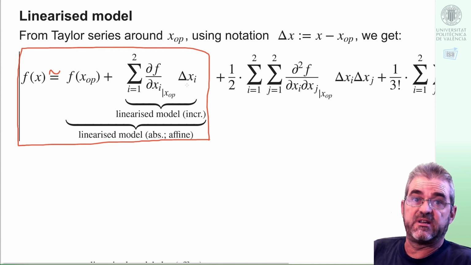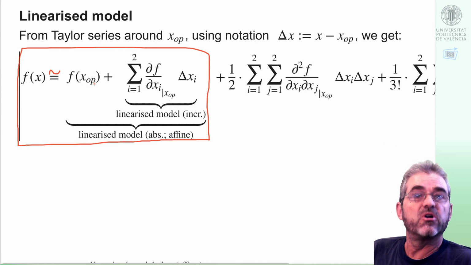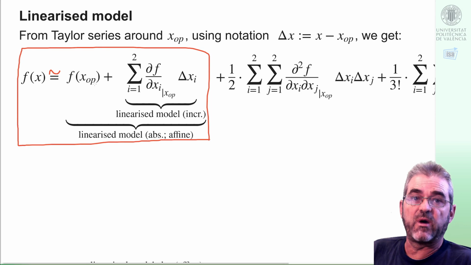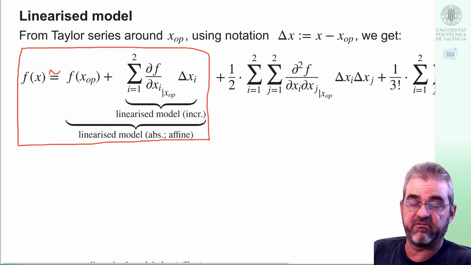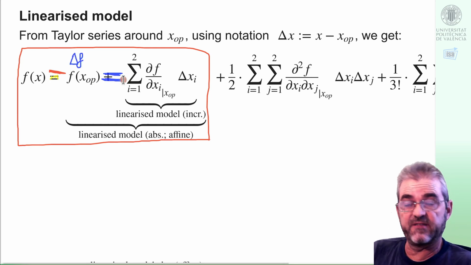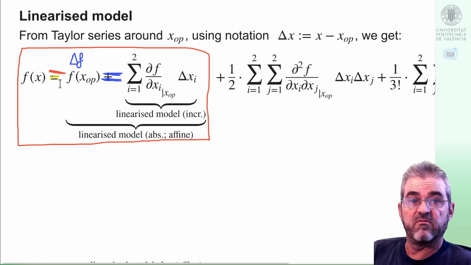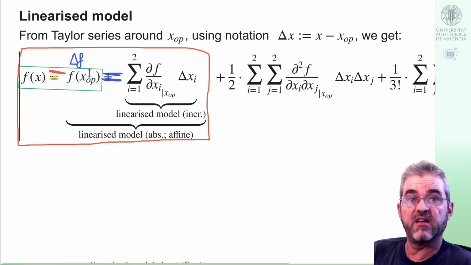But well, this is actually a fine expression because we have some constants, and the actual linear model requires a change of variable to increments also in f, in the sense that if I move to the left-hand side the value of f at the operating point, then f of x minus f at the operating point, I can name it increment of f.